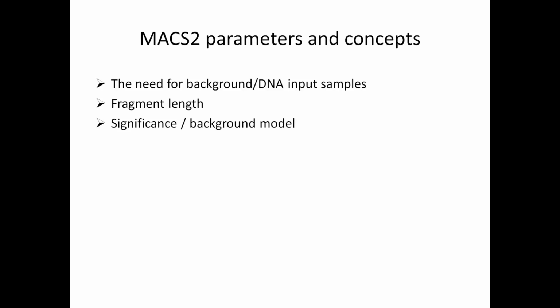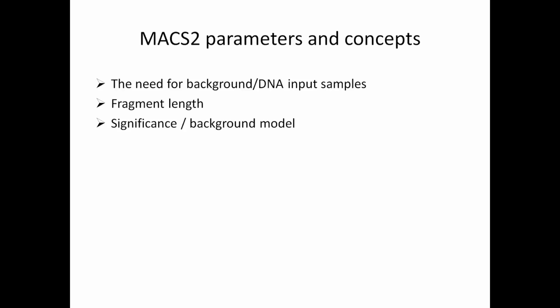So I'm now going to try and describe how MACS2 attributes significance to the different candidate binding regions. Significance is determined using a Poisson test, which uses a local lambda model or a background model. This is quite complex, but I've tried to simplify it.